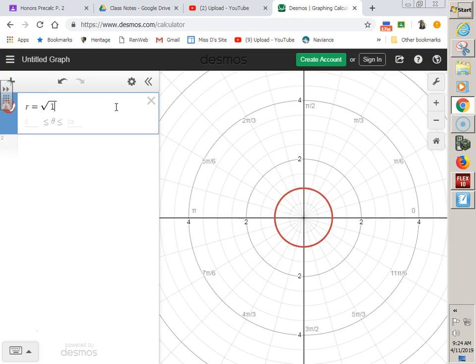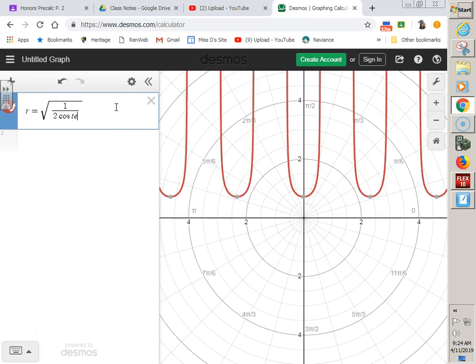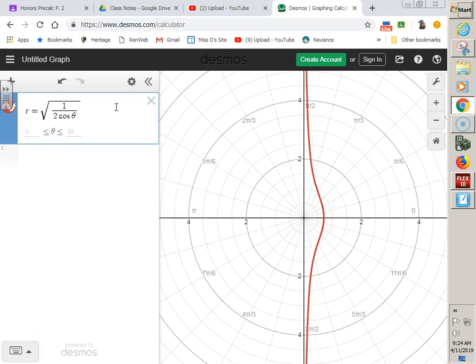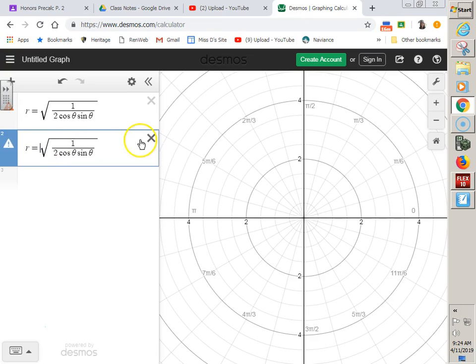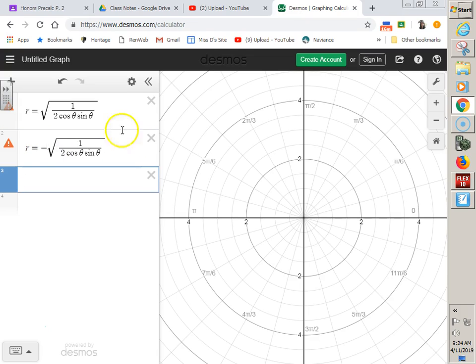let's see, what do we have? 1 over 2 sine, and technically I could have done this in any order, cosine theta or sine theta. But that would have been the positive version. And then the negative square root of, except they don't like me.